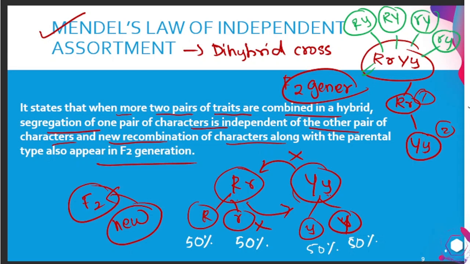Out of these four types of combination, out of 100%, there is a chance of getting 25% of each combination. Out of 100%, you have the probability of getting 25% of each combination. That is 1 by 4th of each combination. Clear? Hope everything is clear for you.